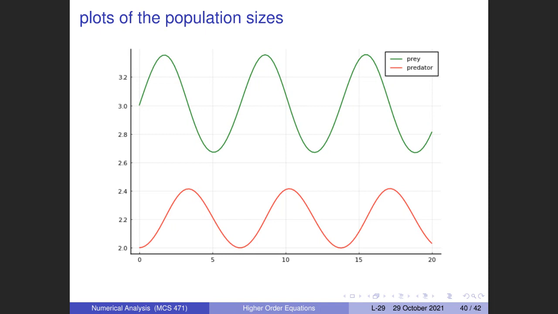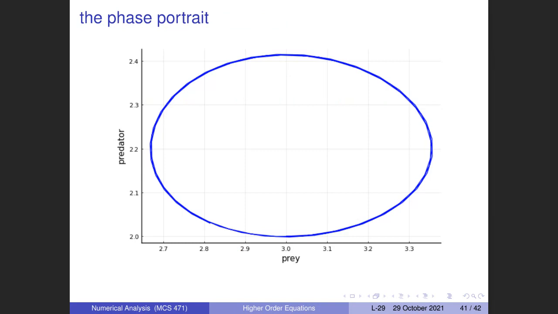So there is this very nice balance that exists, and that is represented by this beautiful phase portrait. We started at 3, 2. You can actually see the 3, 2 here. So 3 for the prey, 2 for the predator, and there is a periodicity.